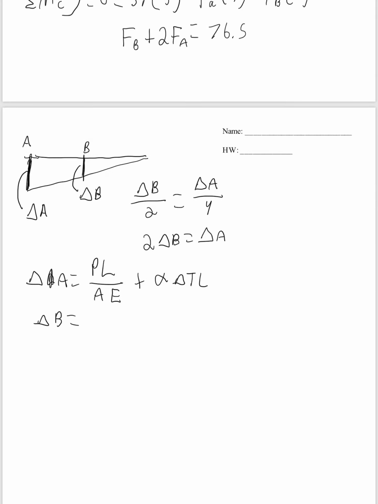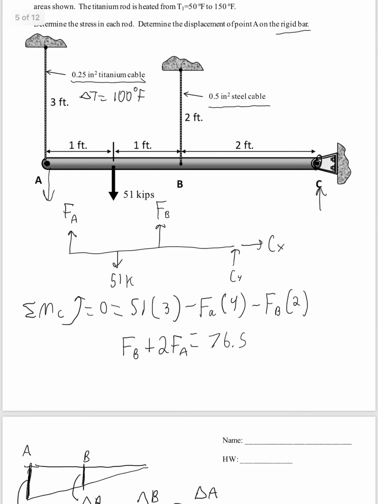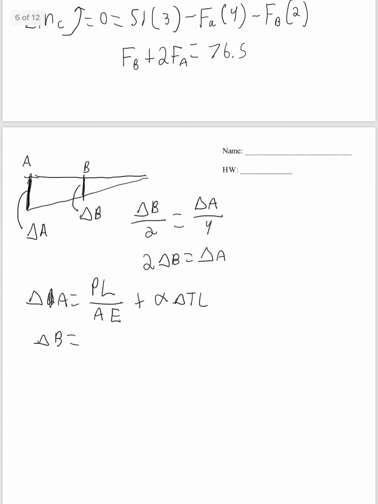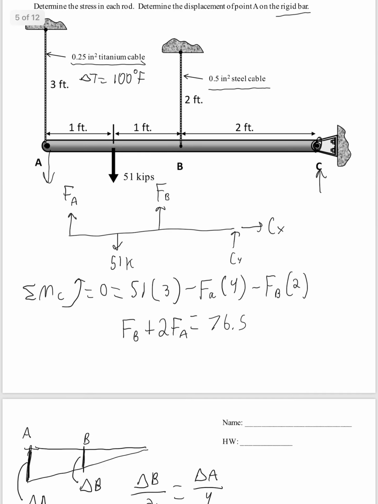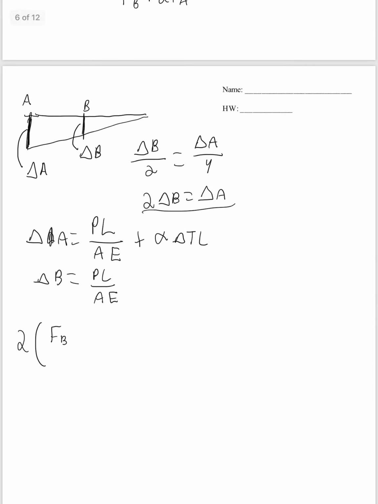And then for delta B, it's being pulled down or elongated by this force, and there's no thermal load. So that is just going to be PL over AE. Now we'll plug these into this equation. So 2 times delta B. The force P is just going to be force B. The length is this 2 feet, and we'll put that in inches, so times 24.